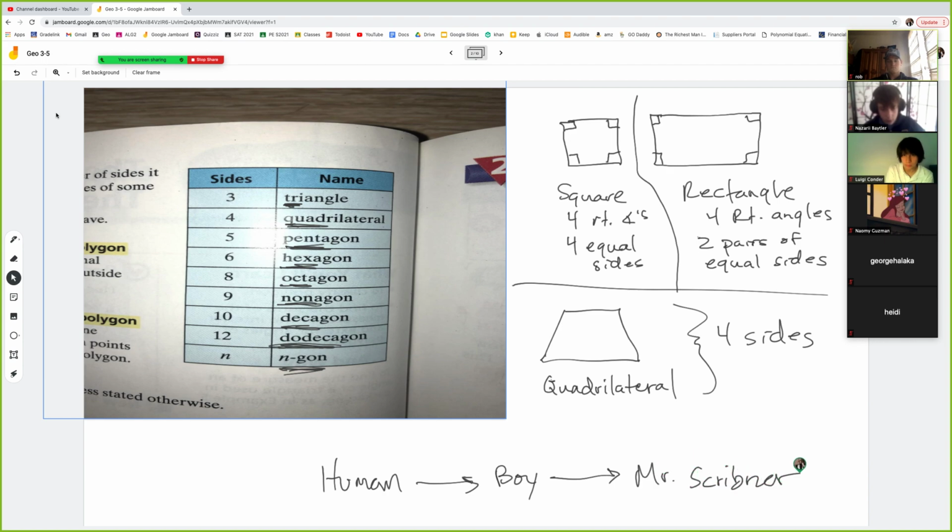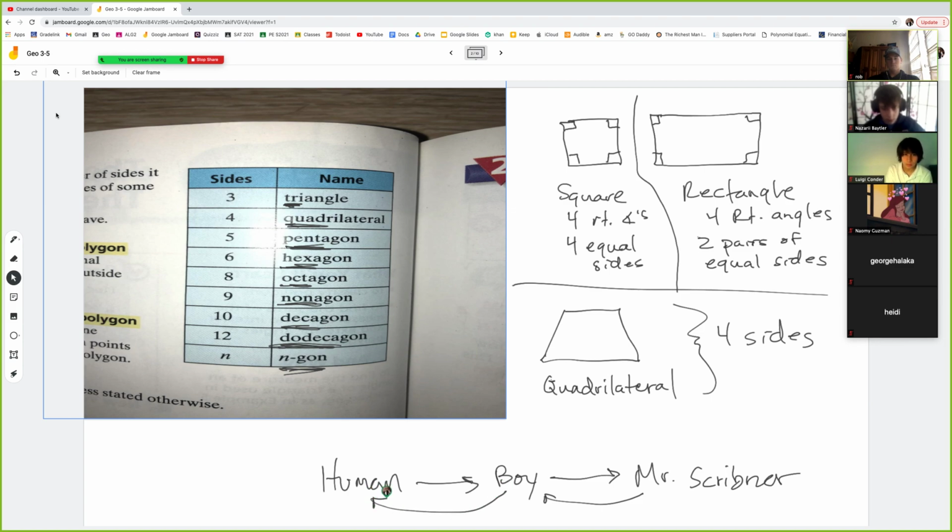Right? Mr. Scrivener is a boy, but not all boys are Mr. Scrivener. Okay? So it works this way, but it doesn't necessarily mean that all boys are Mr. Scrivener, right? Now, all boys, let's say, children boys, they're all humans.